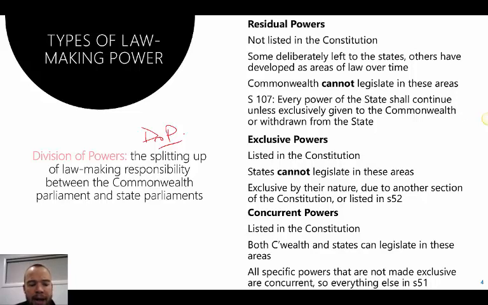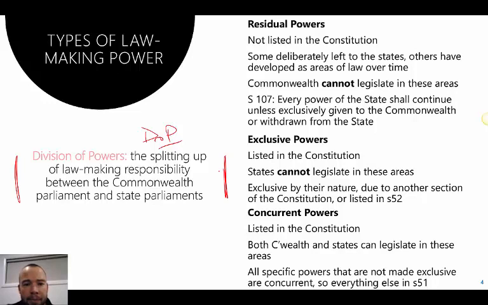So we don't use the word separating. It is the splitting up of lawmaking responsibility between the Commonwealth Parliament and state parliaments, aka what areas does the Commonwealth get to make laws in, and what areas do the states get to make laws in? Because obviously it would not make much sense if they were both making laws in the same area all the time. So this is what the division of powers is.